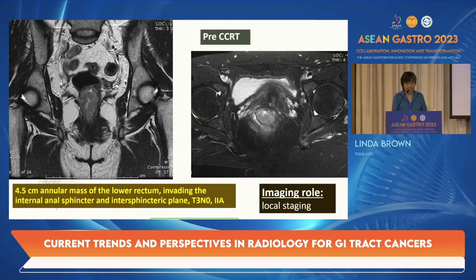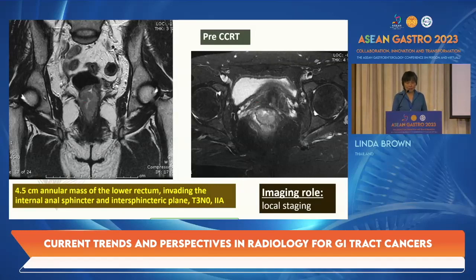And you can see here that this is coronal view. There is a large 4 or 5 centimeter annular mass involving the lower rectum. On axial view, this is the internal anal sphincter right here. And you can see that this part has already invaded the internal anal sphincter and goes into the intersphincteric plane right here. So based on this imaging on MRI, this is a T3 lesion.